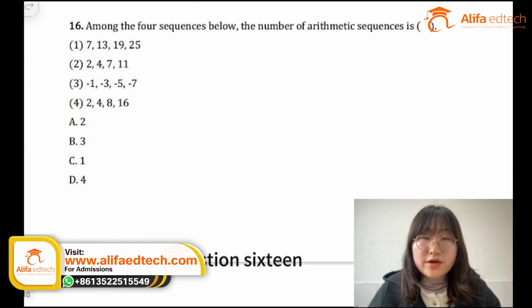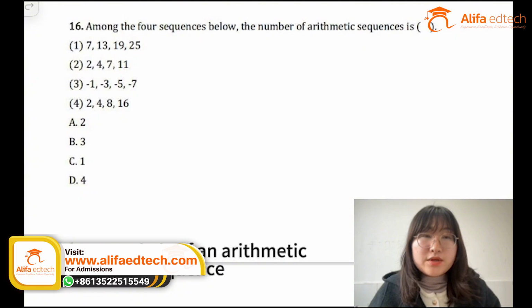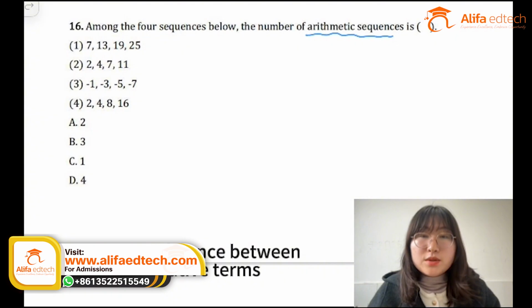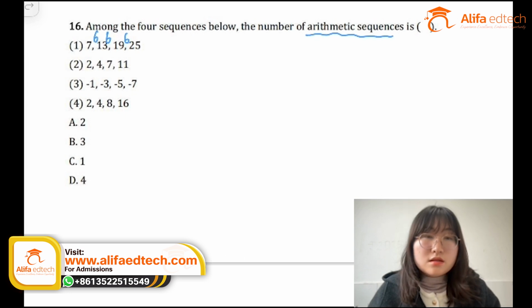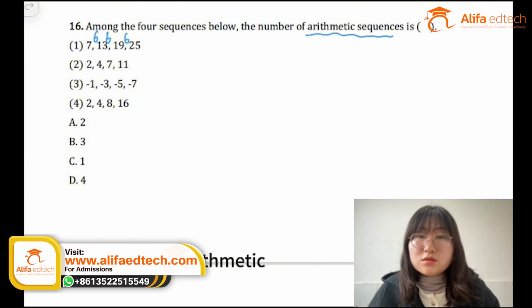Let's look at question 16. The focus here is to identify the defining characteristic of an arithmetic sequence. Remember, an arithmetic sequence must have a strictly constant difference between consecutive terms. Let's test them. Sequence 1: the difference is constantly positive 6, so this is arithmetic.